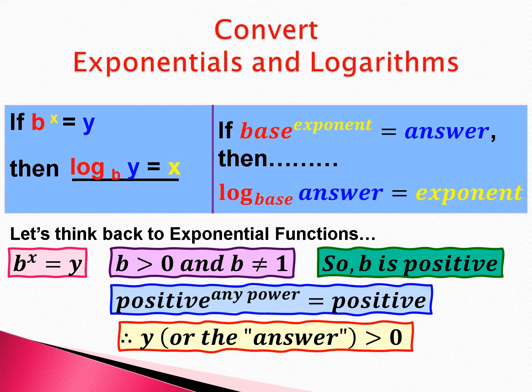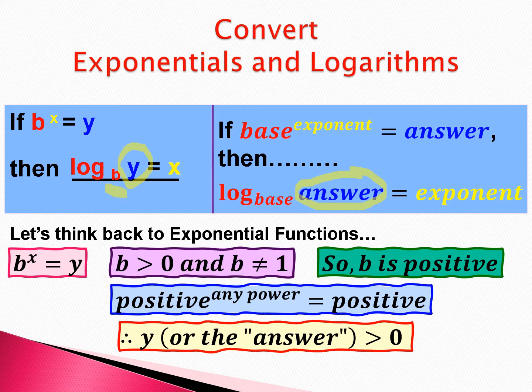Let me demonstrate what I'm talking about here. This piece, the argument or the answer, must always, always, always be a positive value. And we know the base has to be greater than 0.